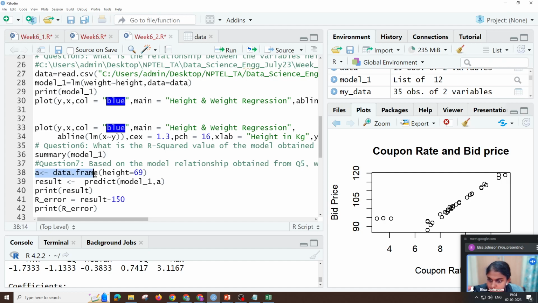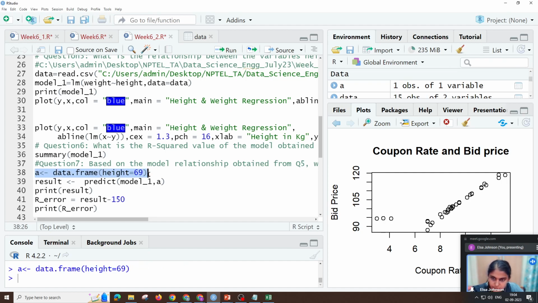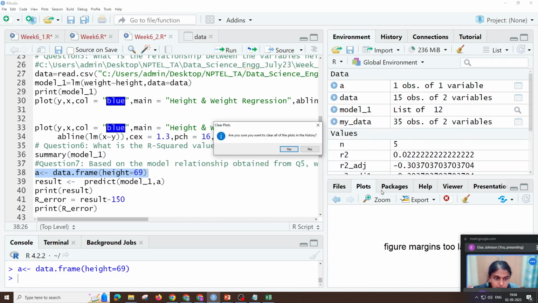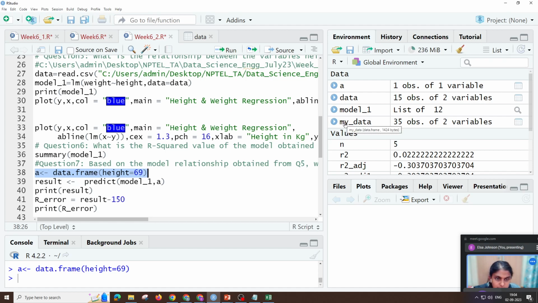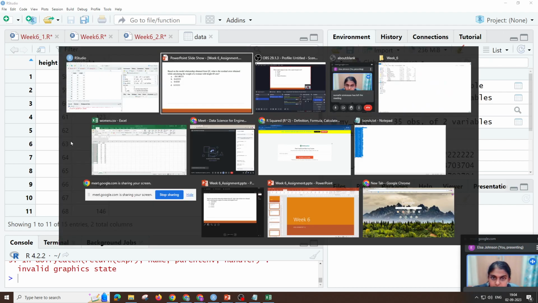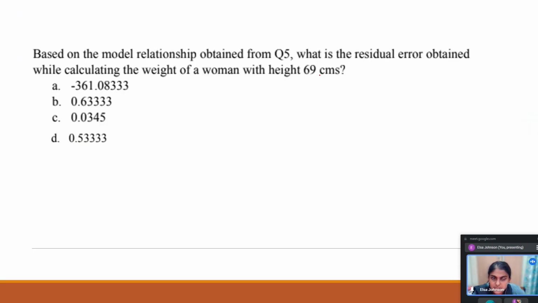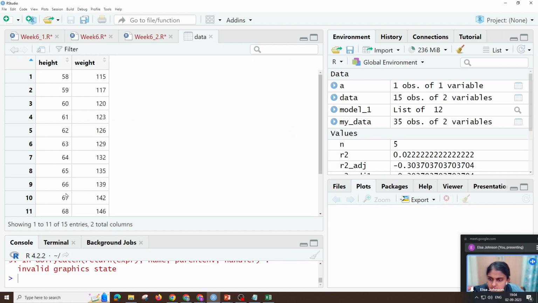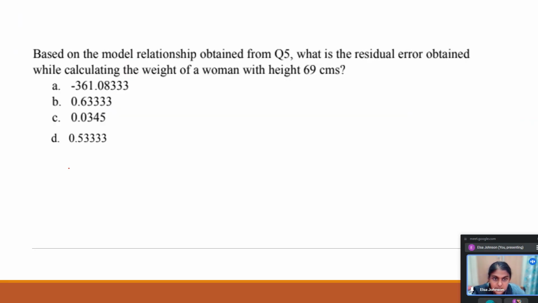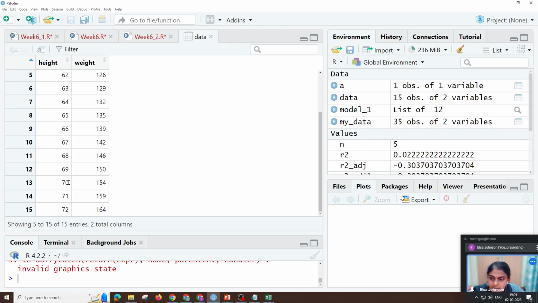First I am putting a data.frame with 69. Let's check what the data looks like. The data is this one. Right now we are asked about 69 centimeters, sorry, 69, not centimeters, I made a mistake there.